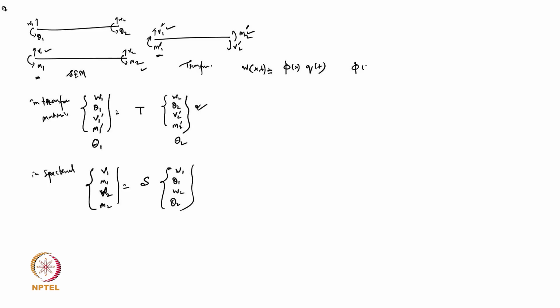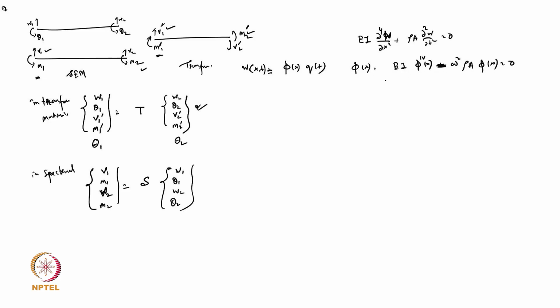Then phi x can be, once we substitute that into the main equation. The main equation was EI del 4 w del x4 plus rho A del 2 w del t2 equal to 0. Once I substitute it here, I will get EI phi 4x minus rho A omega squared phi x equal to 0.